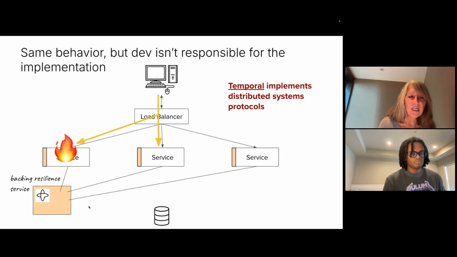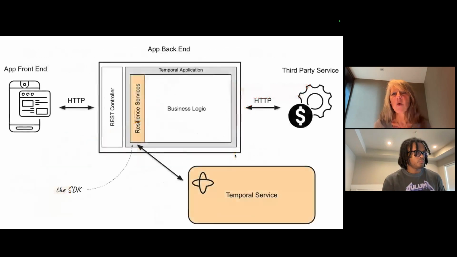And you'll notice here that in addition to this little Temporal service that you see in the back end, there's also a little peach colored thing attached to each one of the services. Well, that is a part of Temporal, and it's an SDK.